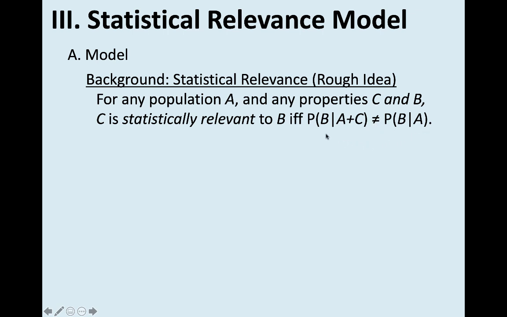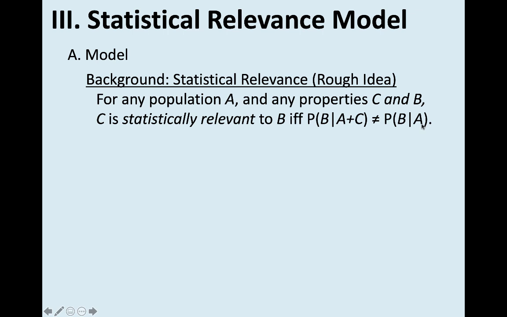So consider an example. Let B stand for the theory that you have lung cancer, A stand for being human, and C stand for smoking. So this would say the probability that you have lung cancer given that you're a human and you smoke is not equal to the probability that you have lung cancer given that you are human.